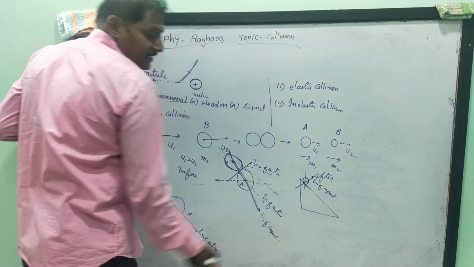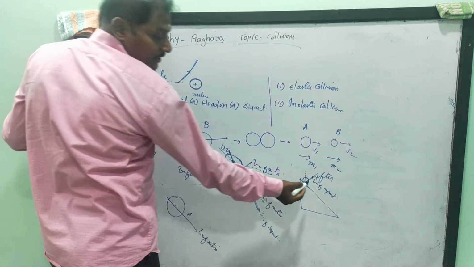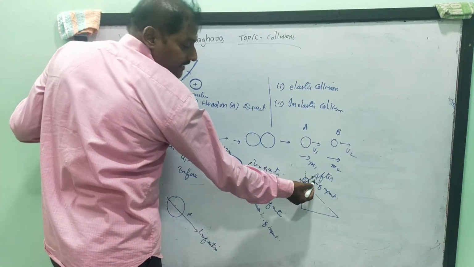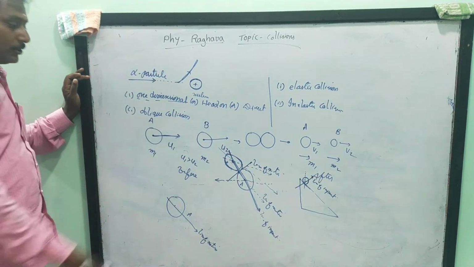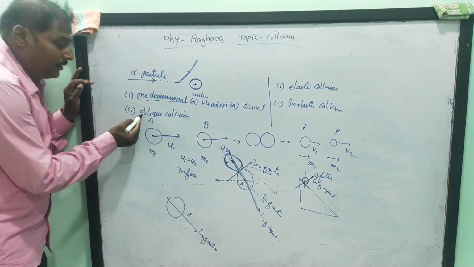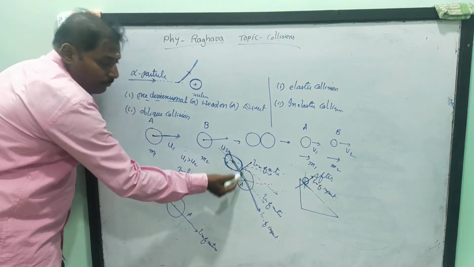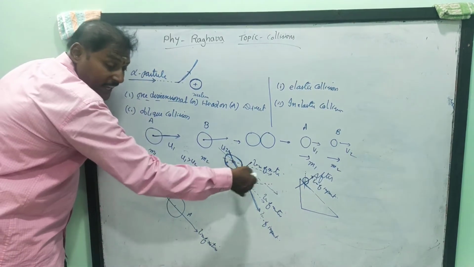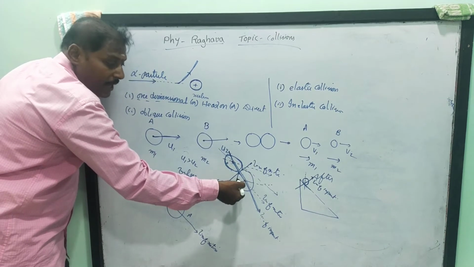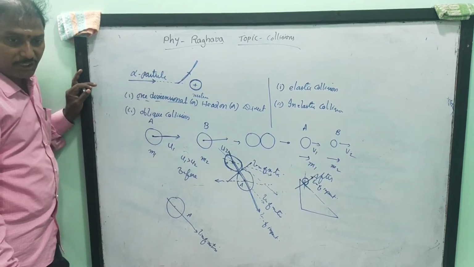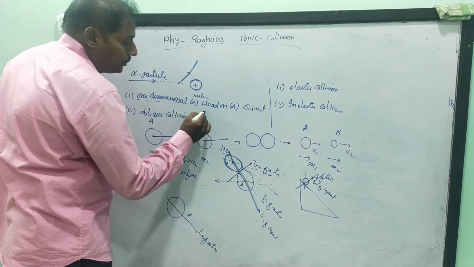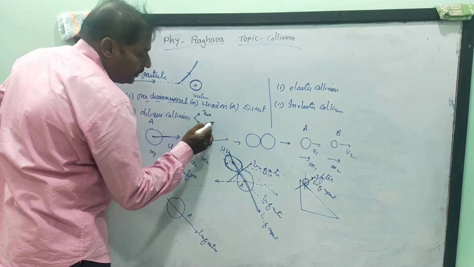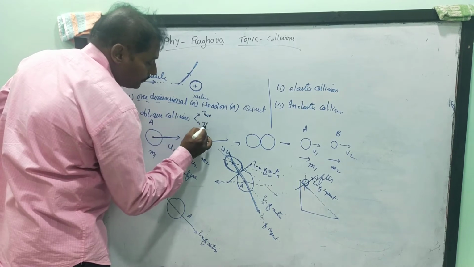For both bodies, the forces act along the line of impact. In oblique collision, bodies move in a plane, either two-dimensional or three-dimensional motion.